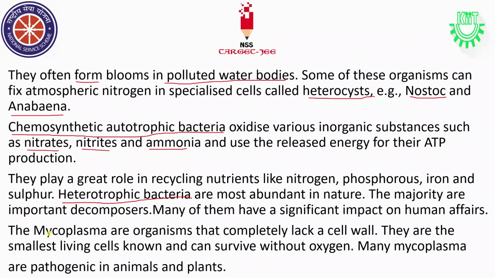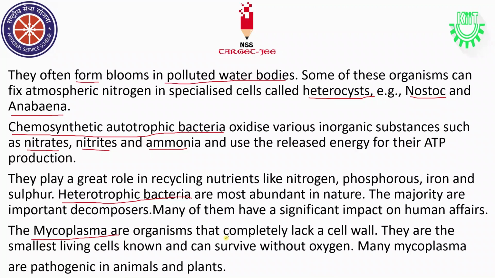They कैसा impact होता है? They are used in the production of curd from milk, the production of antibiotics, fixing nitrogen. But कुछ ऐसा भी होता है that causes damage to humans, like there are some organisms that cause cholera, typhoid, tetanus. The mycoplasma are organisms that completely lack a cell wall.